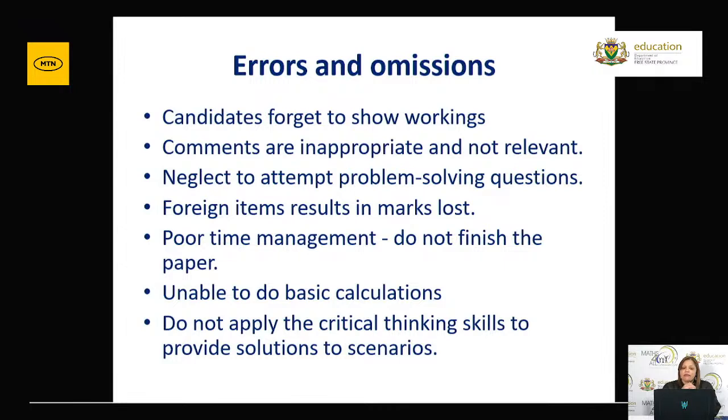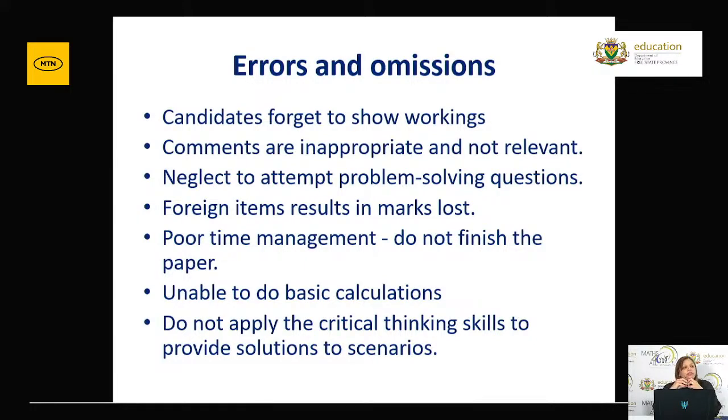Poor time management. Like I said, with paper 1, you complained that you could not finish the paper. Paper 2 will also be a lot of reading. But be careful. When I'm in my class, I like to put a timer for 2 minutes. Now, you can't really put a timer in the exam because your timer will disrupt everybody.